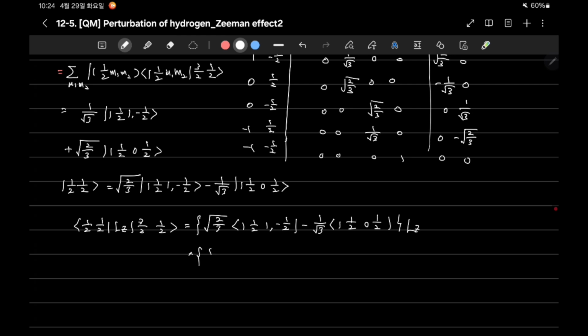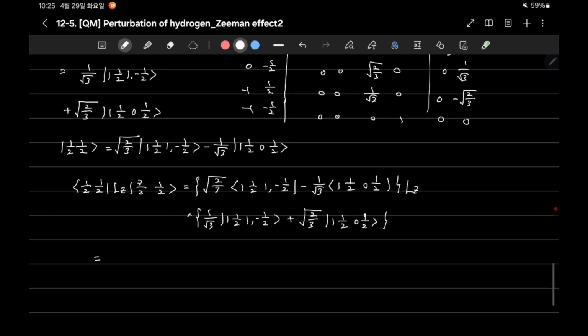So it is 1 over square root of 3, 1/2, 1, minus 1/2, plus square root of 2/3, 1/2, 0, 1/2, and this basis.